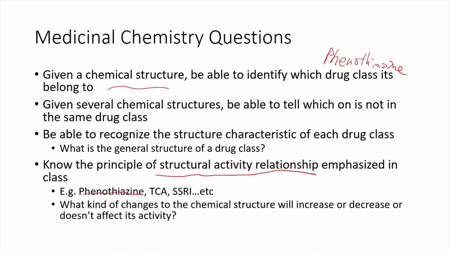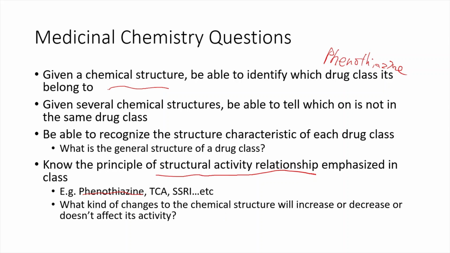Same for benzos. Some of the structure activity relationships that we emphasize, you are expected to know those, and how these things change activity, whether it is increasing or decreasing. So not only memorize these statements, you are also expected to understand them and be able to tell this information from looking at the structure.